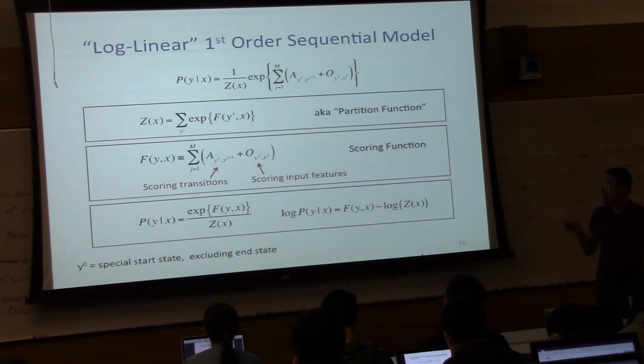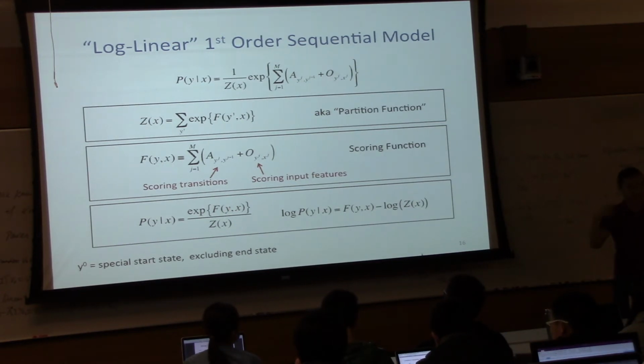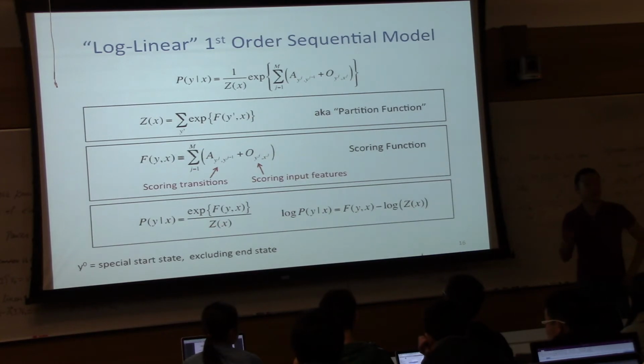So recall that if y was just a single variable, and f of x, y was just a linear scoring rule over the x, you get standard logistic regression. If y is a sequence and you get this summation scoring rule, which is still linear in the model parameters, you get conditional random fields.